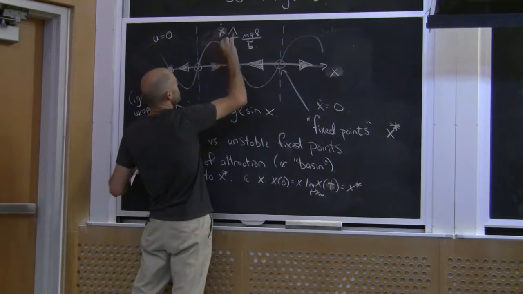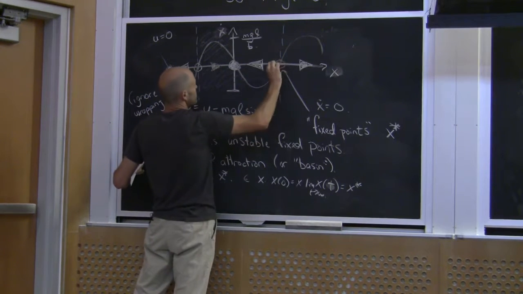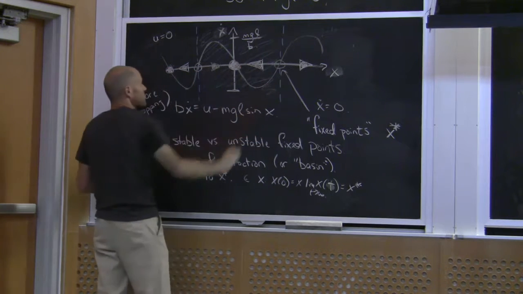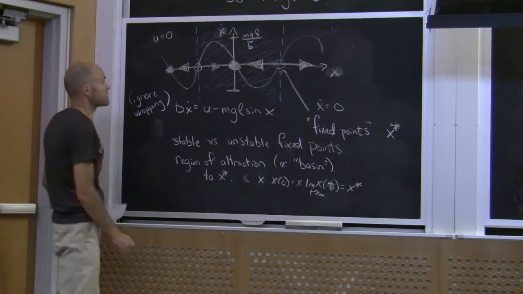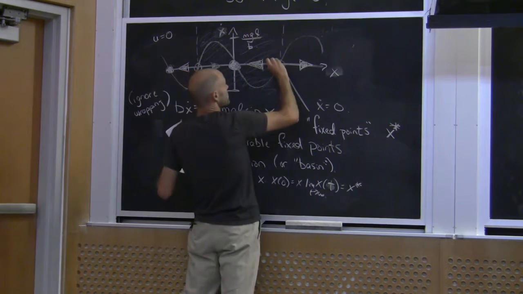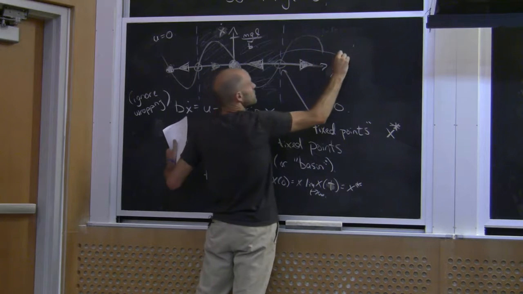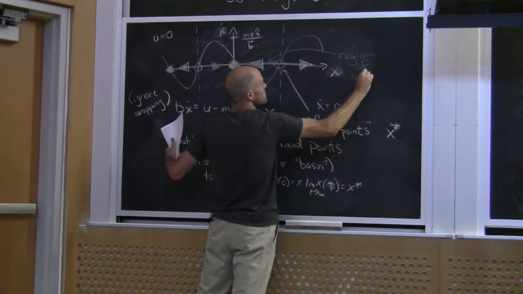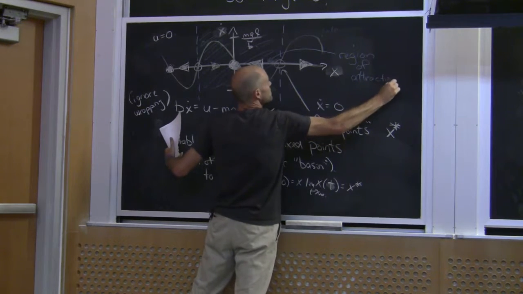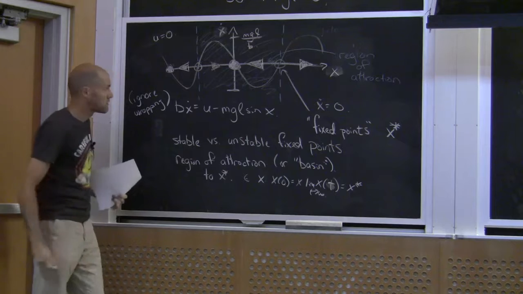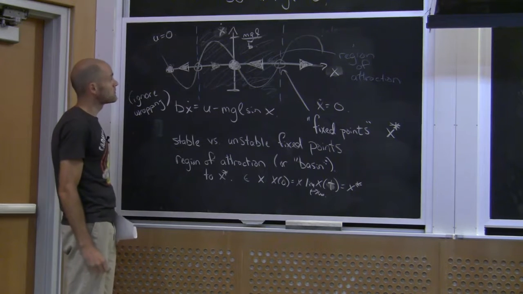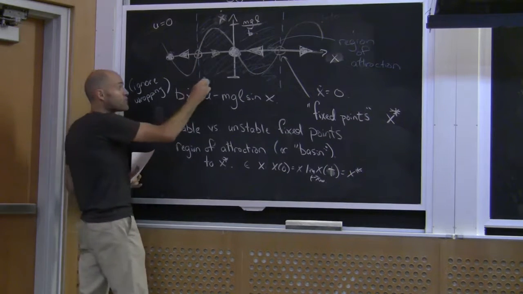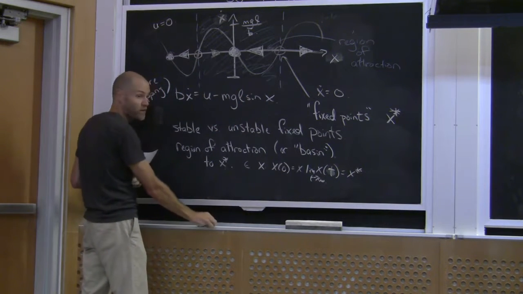So this whole region here, which is really just the region on this line, but I'm going to color it in because I want to make it look grand, right? It's just a one-dimensional thing. That whole thing is the region of attraction to this fixed point, right? That interval. And then the boundaries of the region of attraction are called the separatrix.